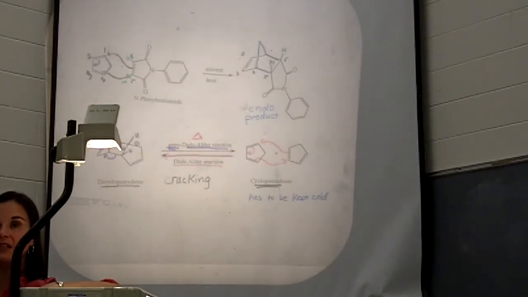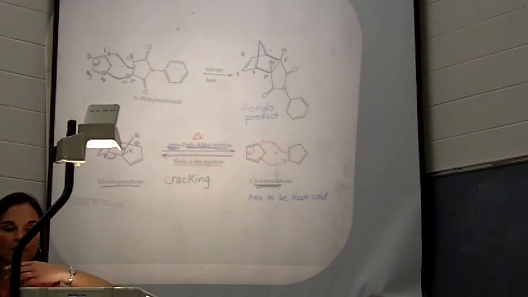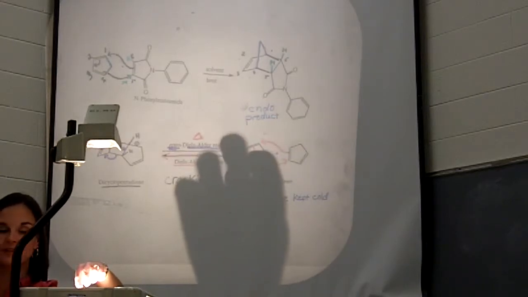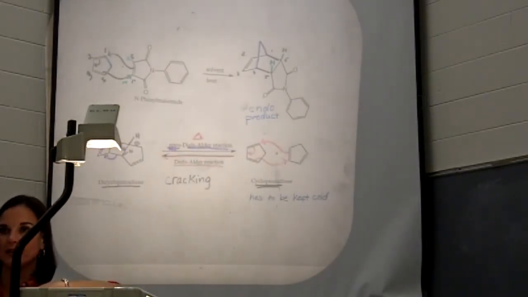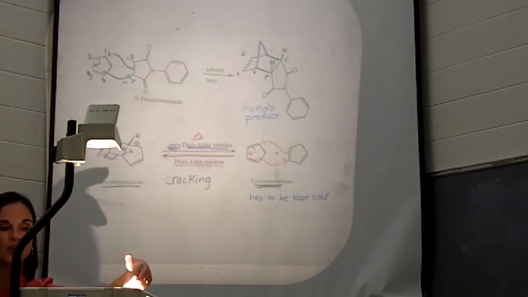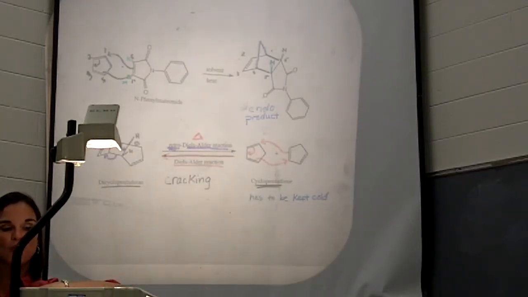Once we do that, we have to keep it cold, so we'll keep it in ice or in the freezer up until when you need to use it, and we'll prepare it for each lab right before you need to use it, because it itself wants to react back with itself and do a Diels-Alder reaction with itself to go back to the dicyclopentadiene.